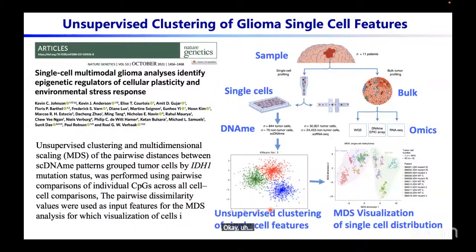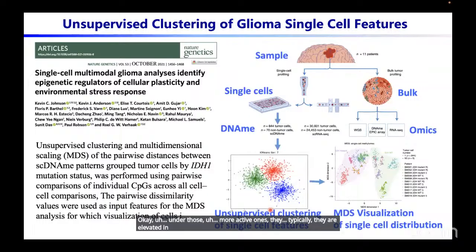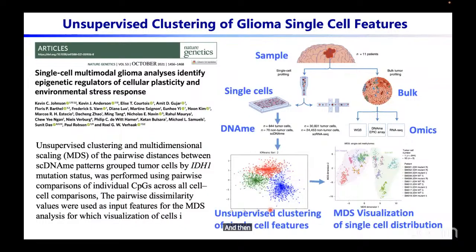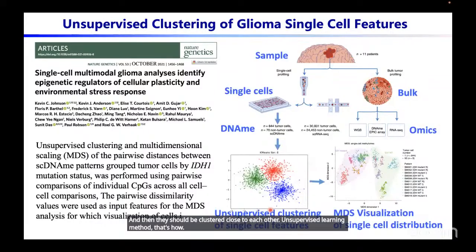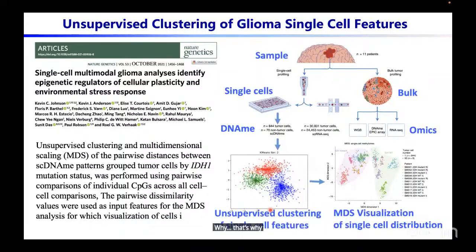And those more active ones, they are typically elevated in expression level, and then they should be clustered close to each other in our unsupervised learning method. That's why an unsupervised learning method was employed here.